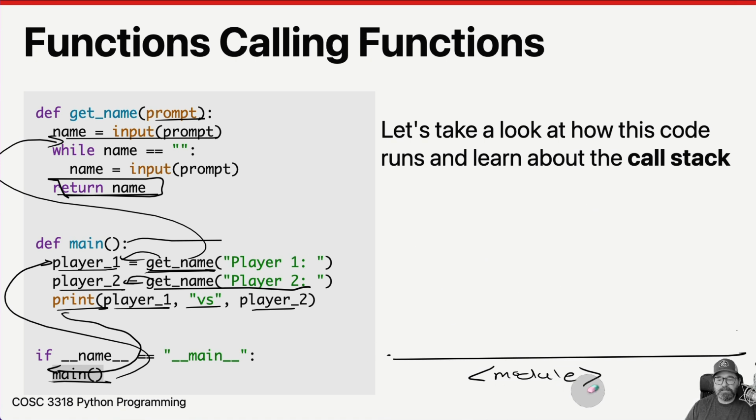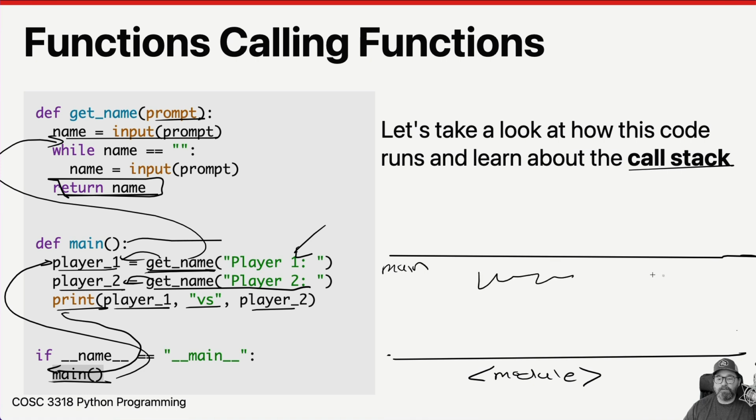So what variables and values do we have here? None. We don't have any because in module, they're only global variables and values. And again, that's how Python and a lot of programming languages have a thing called a call stack. Every time we enter a new function, Python adds a new entry onto the call stack for that function, and that's where all of its local variables and values are stored.